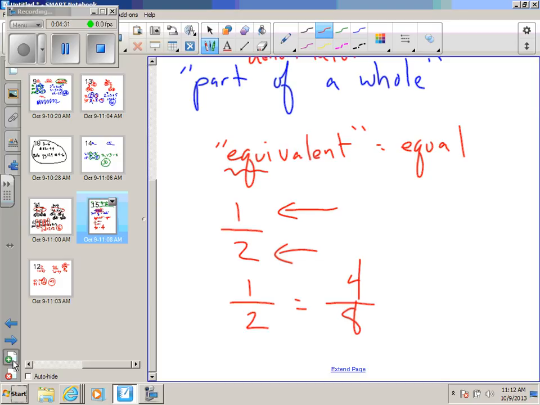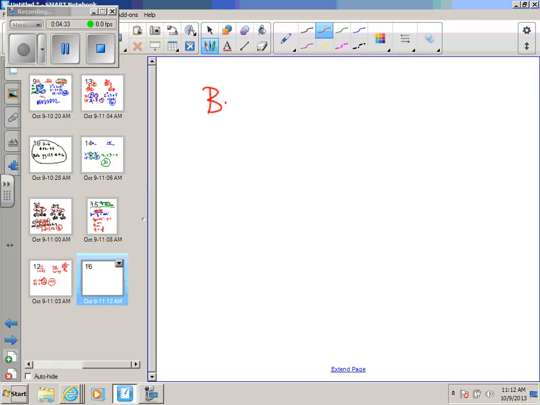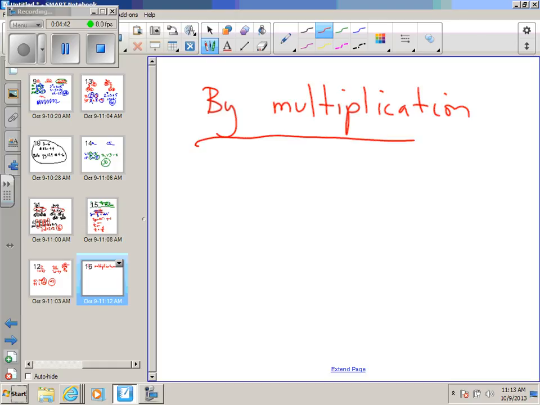And the first way is by multiplication. This way is the easy way.